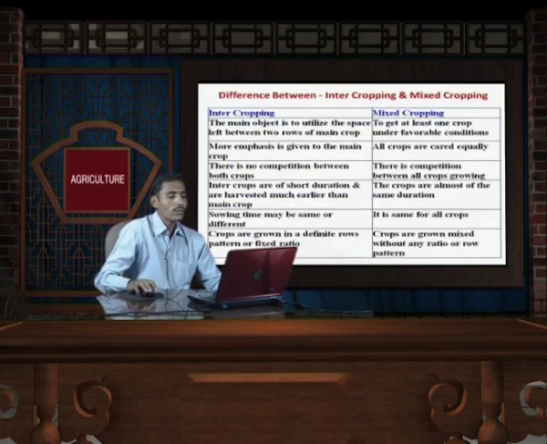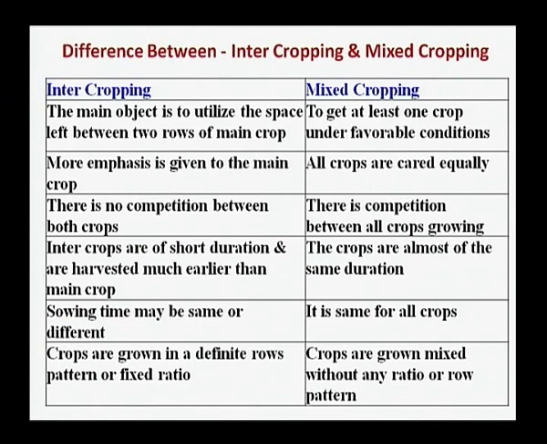Now we discuss the difference between intercropping and mixed cropping. In intercropping, the main objective is to utilize the space between two rows of main crops, whereas in mixed cropping the objective is to get at least one crop from the entire cropping system. In intercropping, more emphasis is given to the main crop, whereas in mixed cropping all crops are cared for equally.